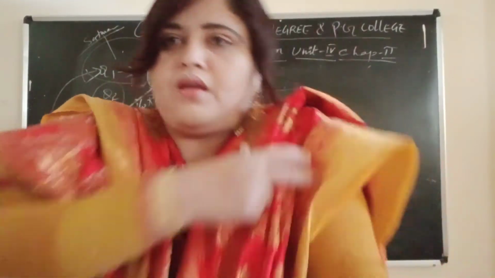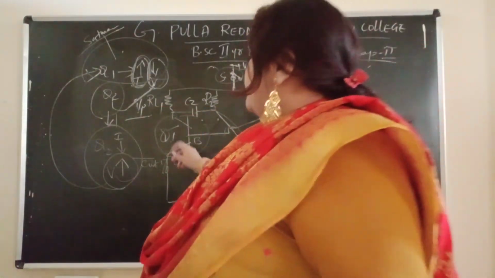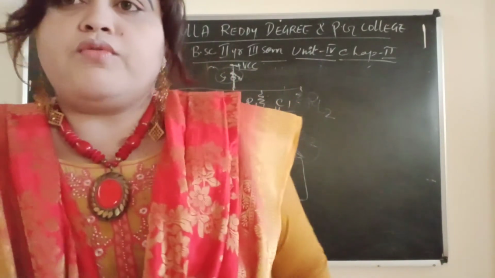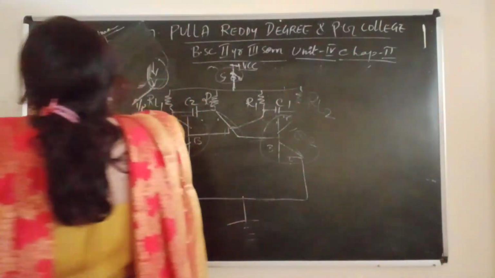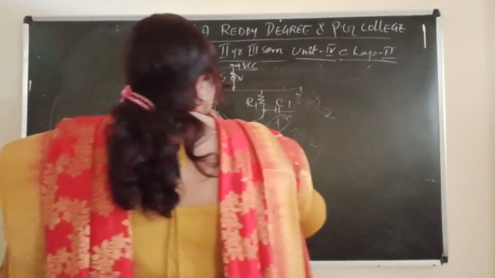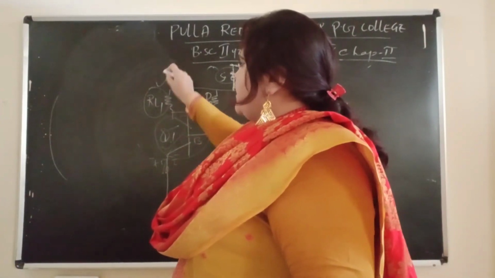Now the situation is such that transistor Q1 is in saturation and transistor Q2 is in cutoff. Q1 is in saturation, so where will the final output voltage drop? The final output will be dropping across RL1.